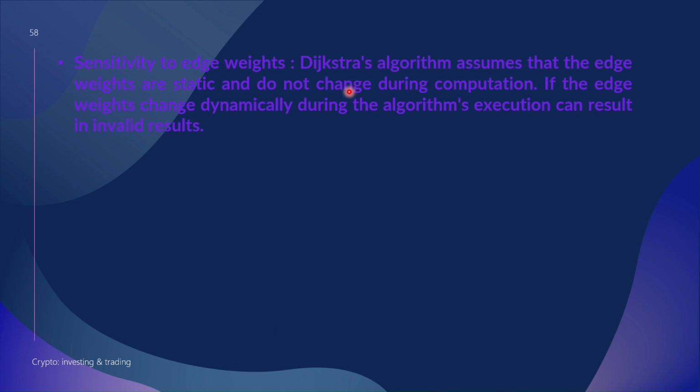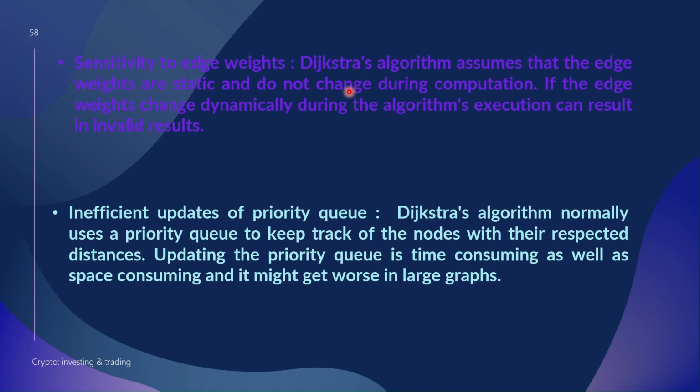So you already saw through example that weights cannot change as per Dijkstra's algorithm, and if they change, think of a scenario that you are traveling and you change your destination node from one place to another, then in that case Dijkstra's algorithm might get confused with the destination node and result in an improper shortest path.